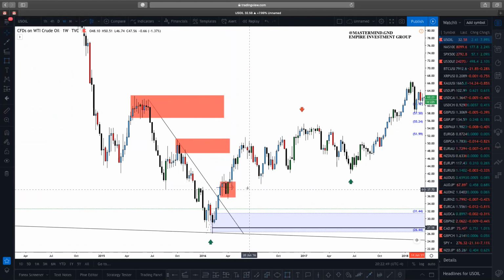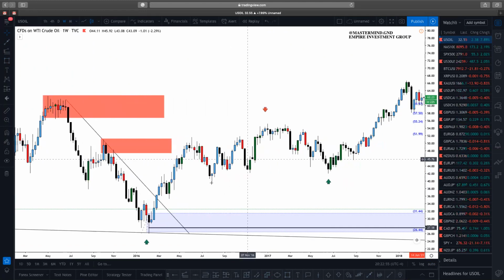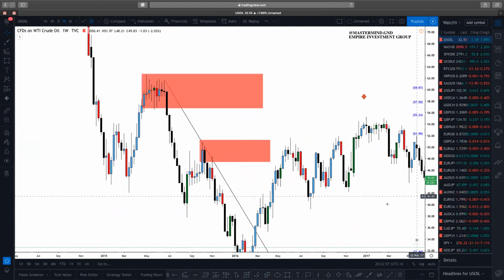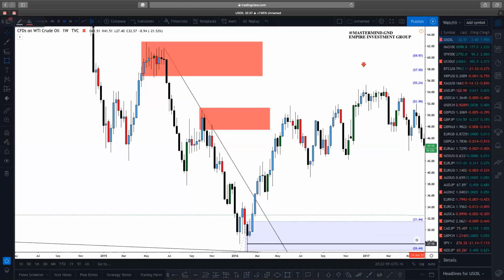So from the time this candle departed, we knew that this is a potential zone, the rally base rally.